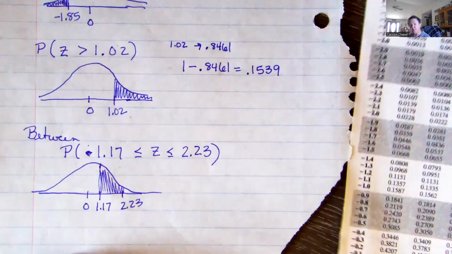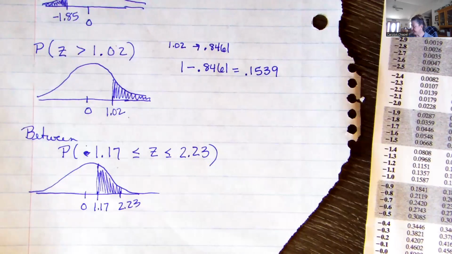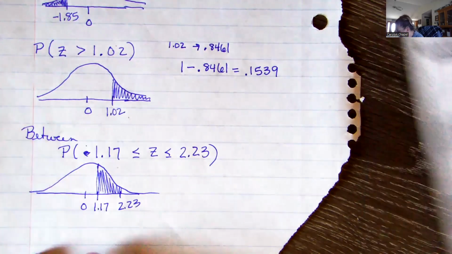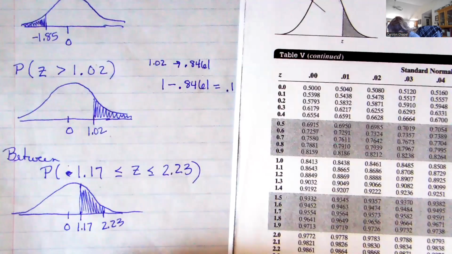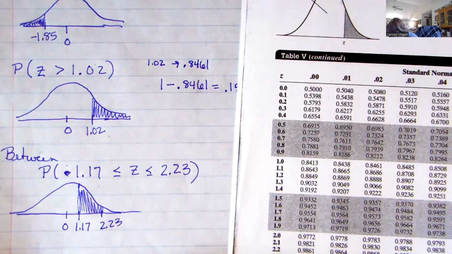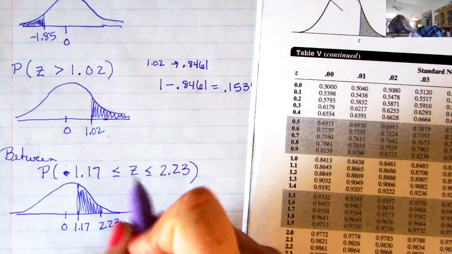Okay, and again, I'm going to use my table, and we will go between those two. So I'm going to find my 1.17, 1.1, I'm just looking that up, is 0.8790.